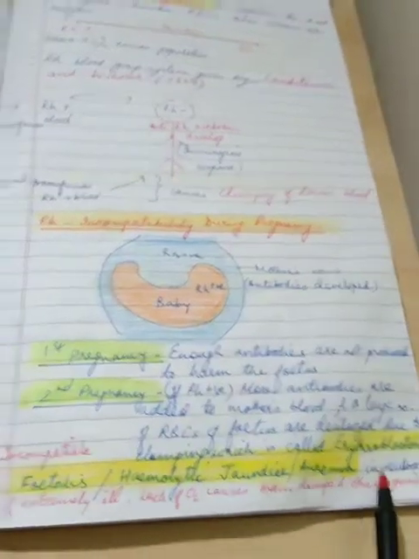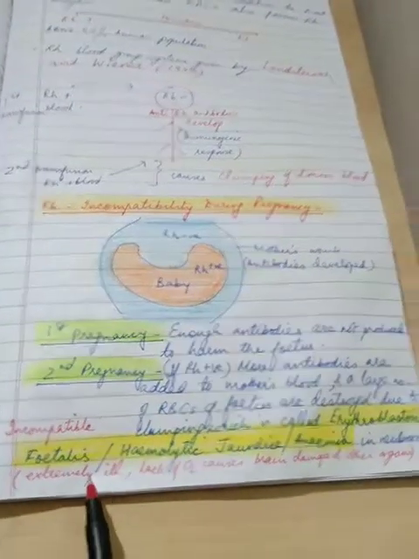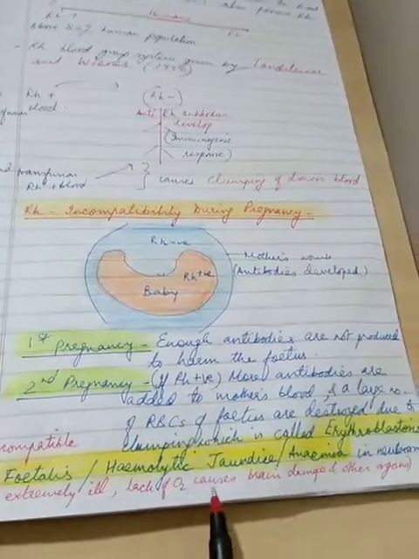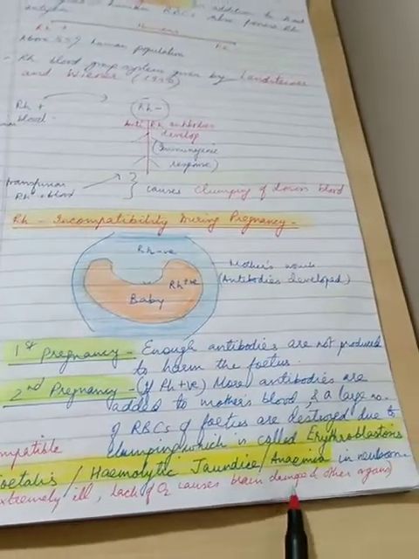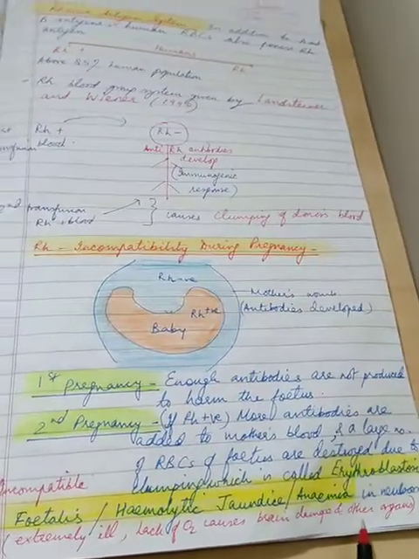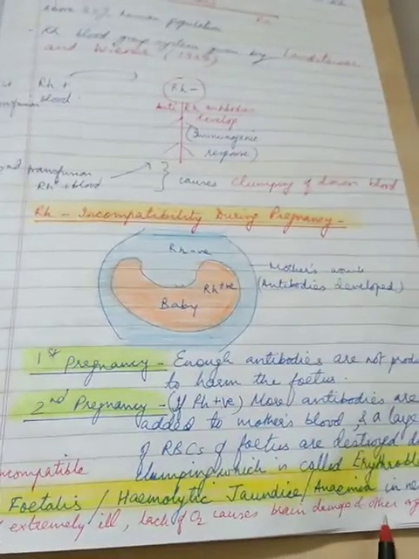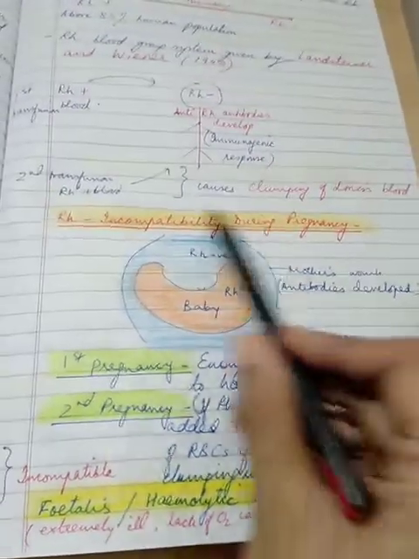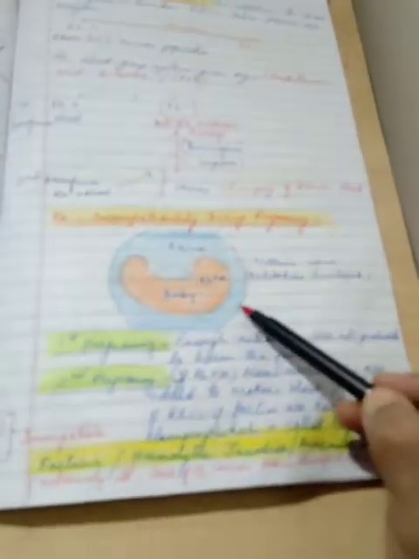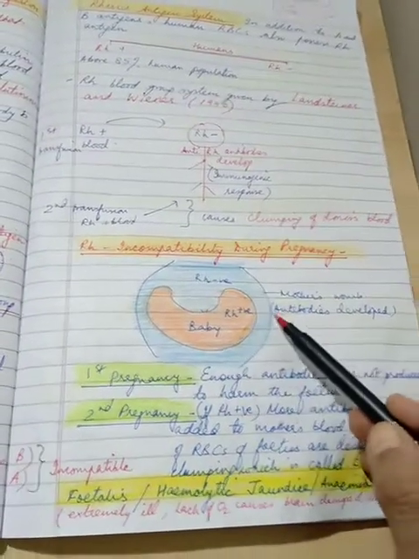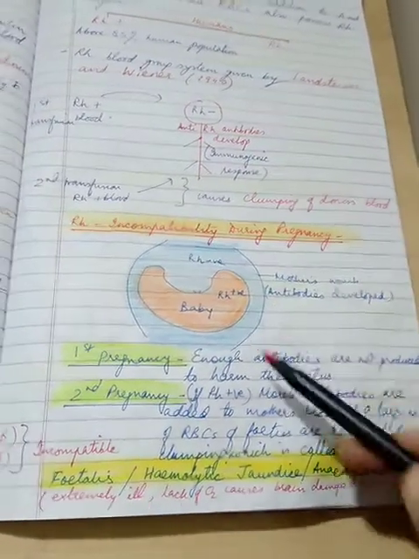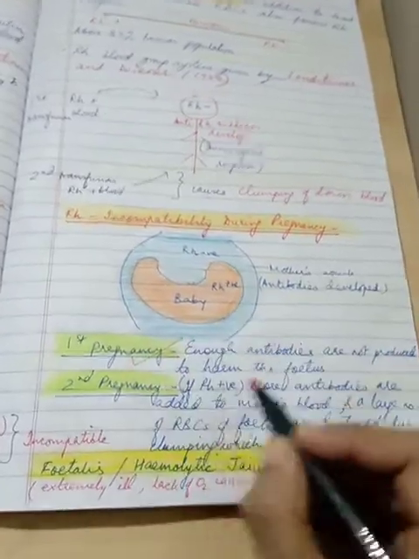And this causes extreme illness in the newborn baby, because lack of oxygen also causes brain damage, and other very important organs, which are essential for life, are also damaged. So what I mean to say here is that in incompatibility during pregnancy, where the child in the womb is Rh positive and the mother is Rh negative, the first pregnancy will be alright.